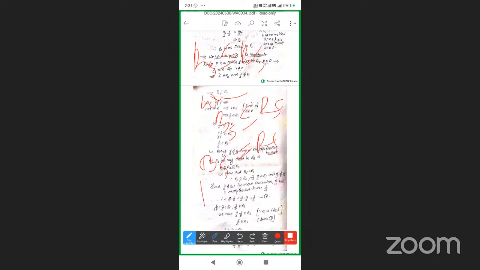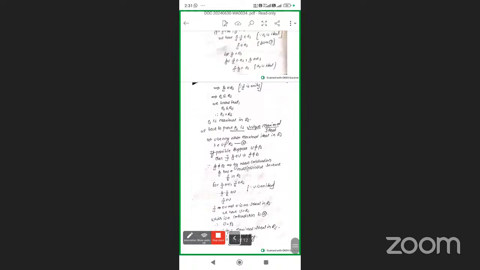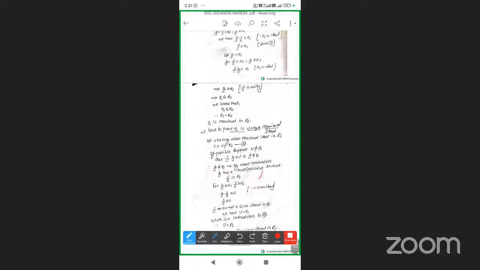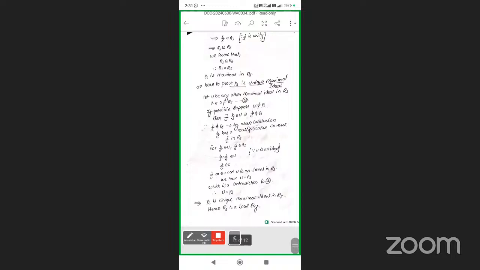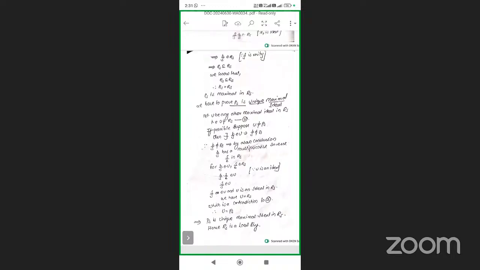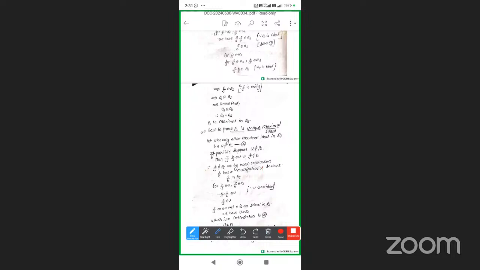So PS is a maximal ideal in RS. We prove that. Now we prove that PS is a unique maximal ideal.